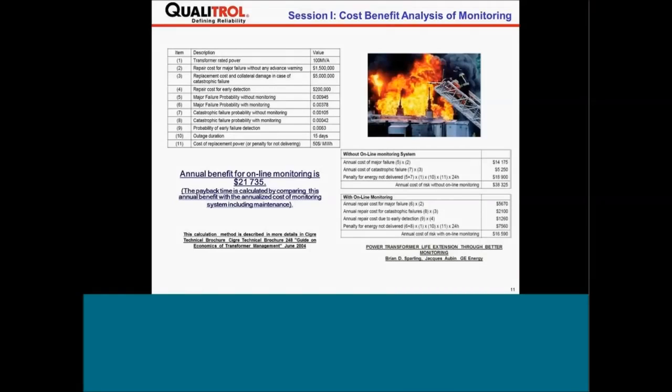Cigre did publish a brochure in 2004, a guide to the economics of transformer management, and it related basically a rated power transformer, 100 MVA, the costs for repair or replacement, and then also cost for early detection of a problem in the transformer, and it then defined various probabilities to do with failure and monitoring and outages, etc., and the cost of replacement.